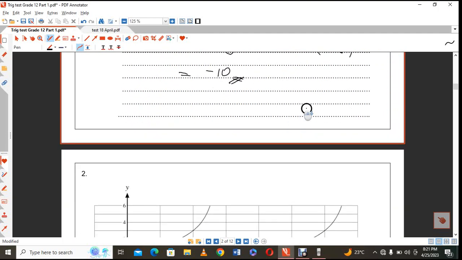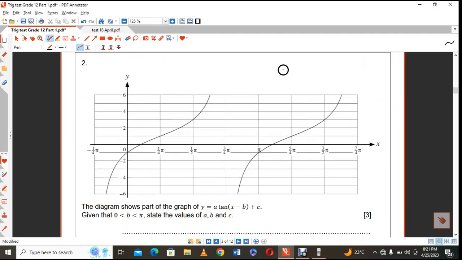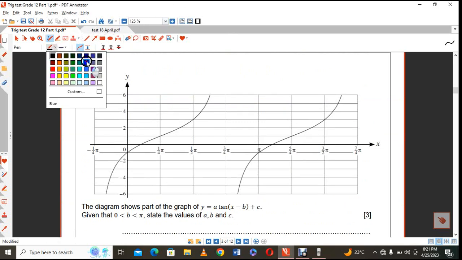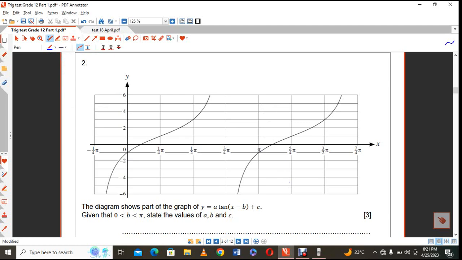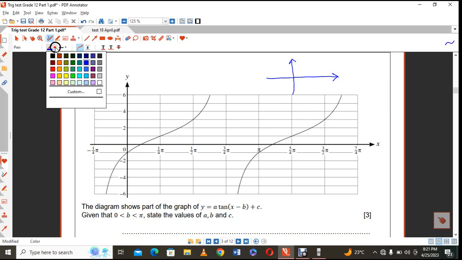All right, that brings me to the second question that I have over here. So you have got here a tangent graph. Now when you are looking at this question, you should also have a general idea of the tangent graph. Suppose we have our tangent function, and this is our Cartesian coordinate system.